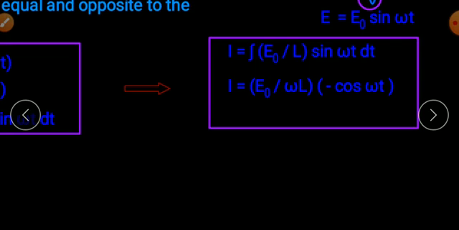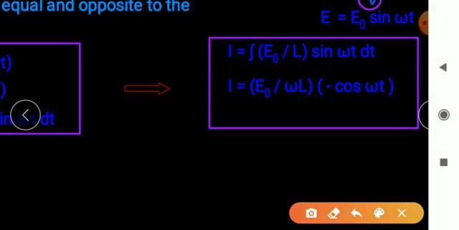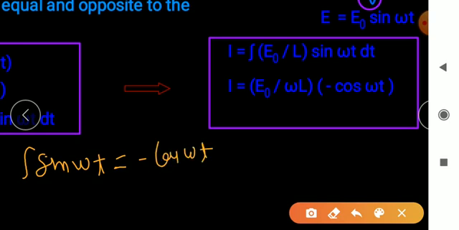On integrating this, we know that integration of sine omega t equal to minus cos omega t upon omega. So here we can write I equal to E naught upon omega L into minus cos omega t.